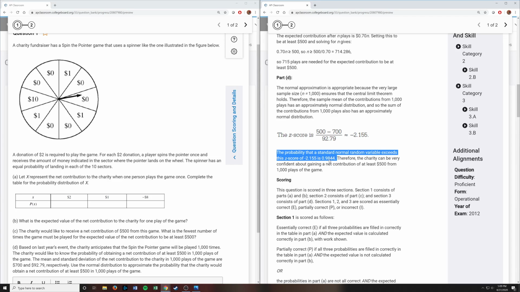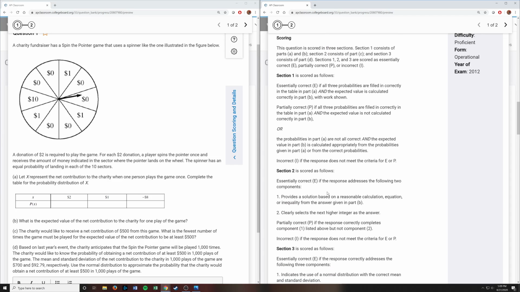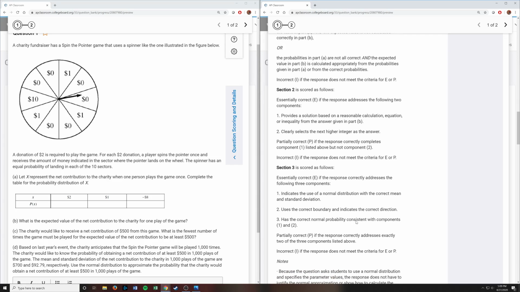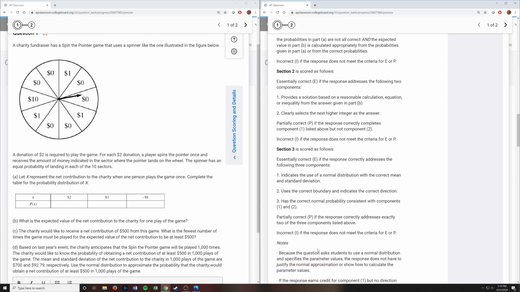I would write that as a probabilistic equation rather than writing it out as a sentence, but this is fine. And you need to get the right answer that's consistent with what you've done here. Okay. It's partially correct if you correctly address exactly 2 of those 3 things, and it's I if not.